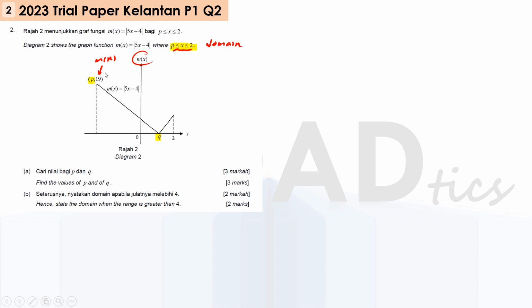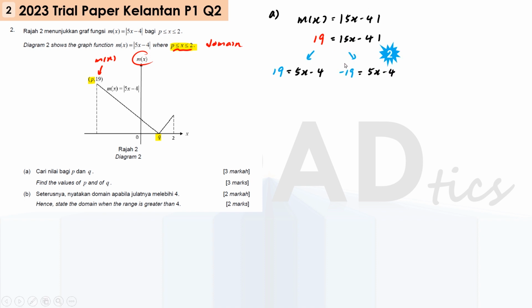So we use this equation, sub 19 into here. Since this is an equation with a modulus, we need to use the technique that we learned from the previous video, which is to form two versions from this equation, one positive and one negative, and then separately solve.